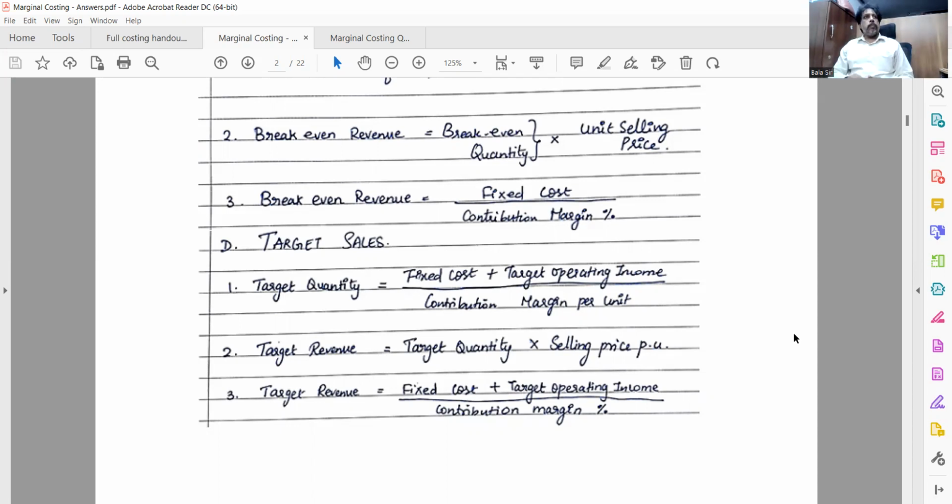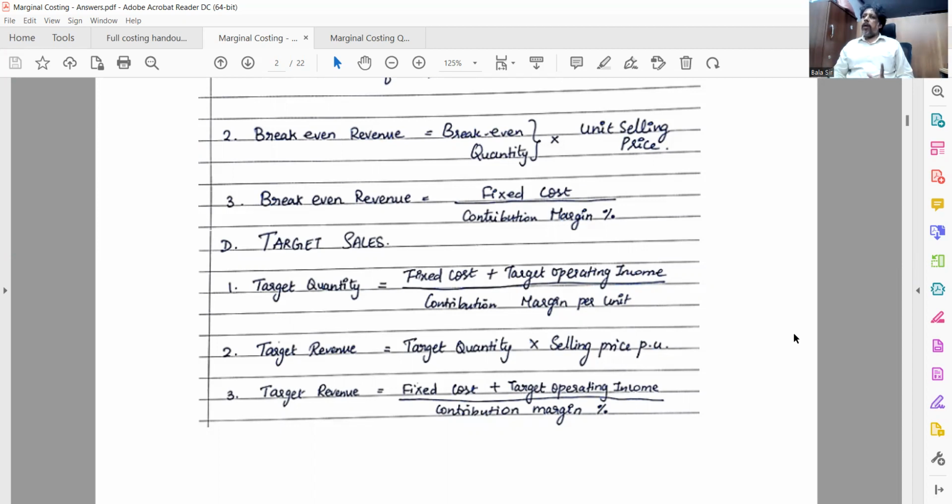Then number 2. Target revenue is equal to target quantity into selling price per unit. So once you get the target quantity of 1,600 units, if you want the target revenue in rupee terms, you have to sell 1,600 units at rupees 200 each, 3,20,000. Or what is point 3? Target revenue is equal to fixed cost plus target operating income divided by contribution margin percentage.